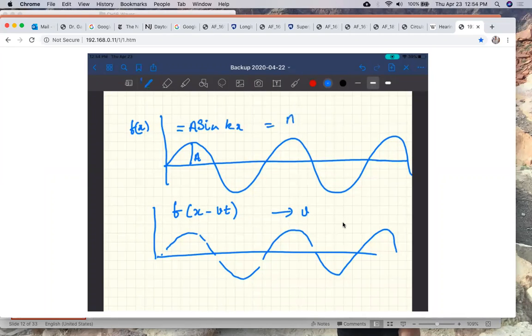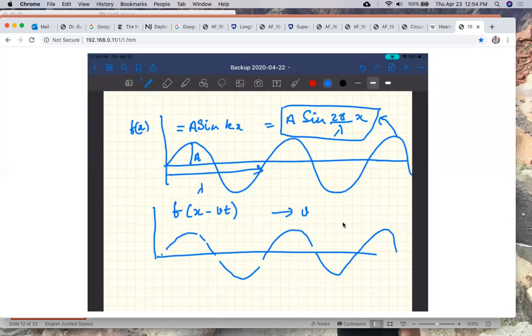So this is A sine of 2 pi by lambda times x. Okay. Where lambda is this distance. Okay, so this wave is described by that function.